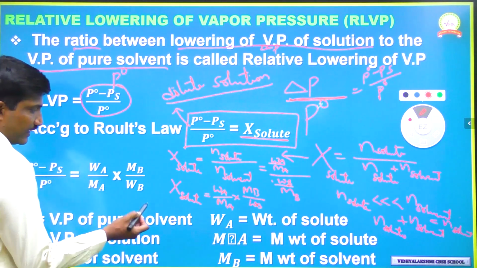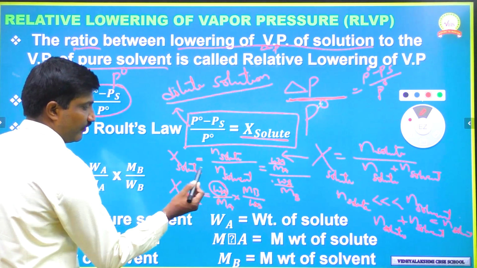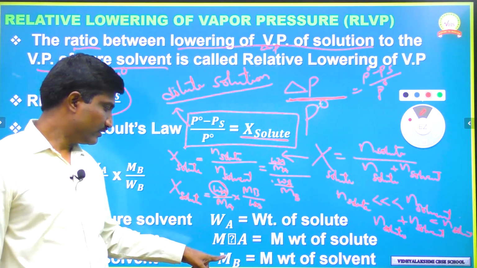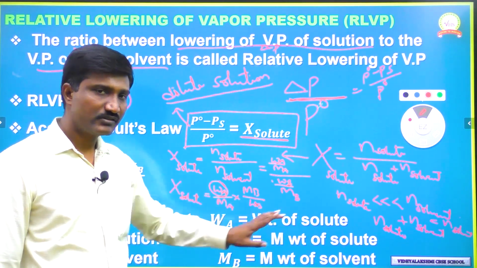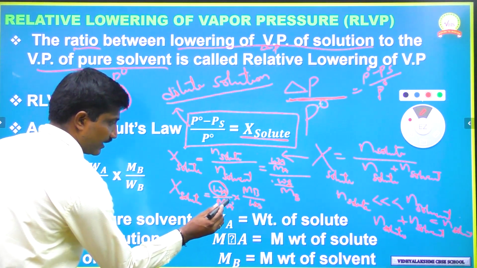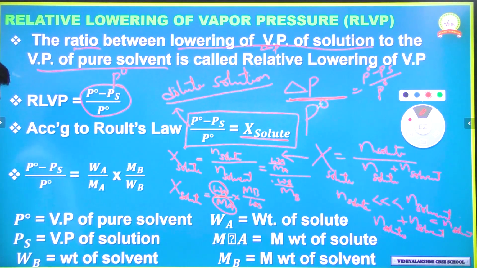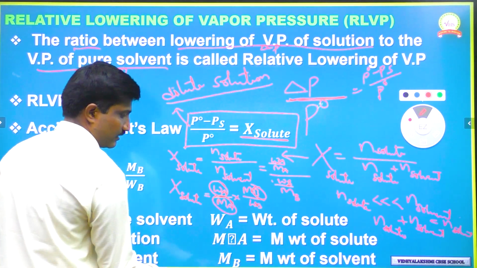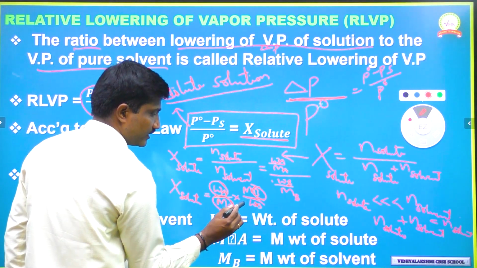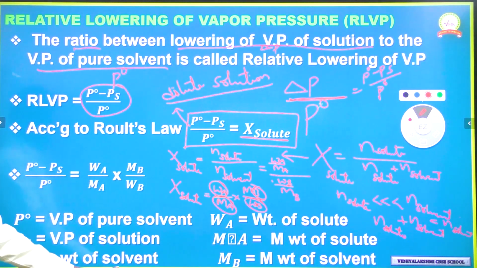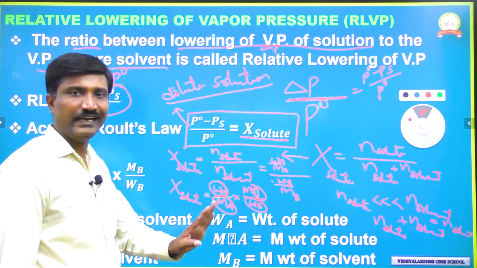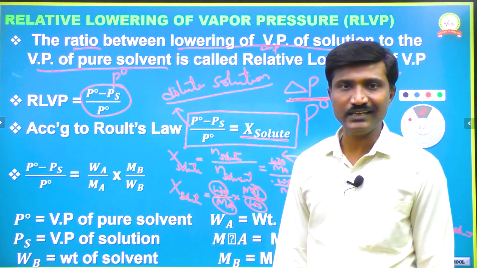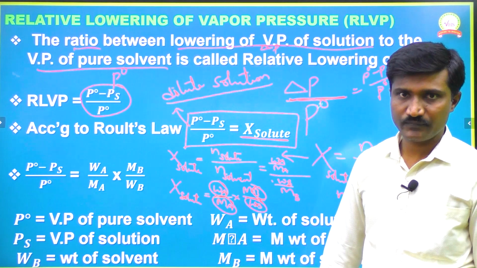So what is Wa? Wa is the weight of solute, Ma is the molecular weight of solute, Mb is the molecular weight of solvent, and Wb is the weight of solvent. A means solute, B means solvent, W means weight, M means molecular weight.